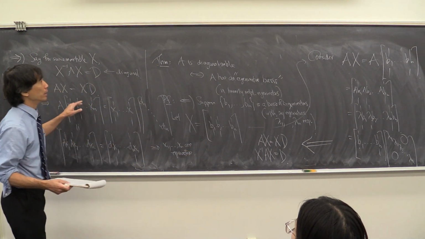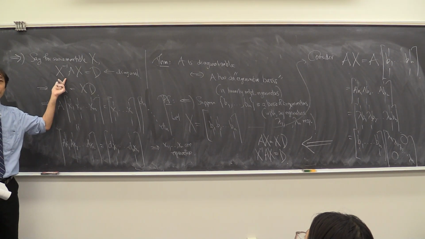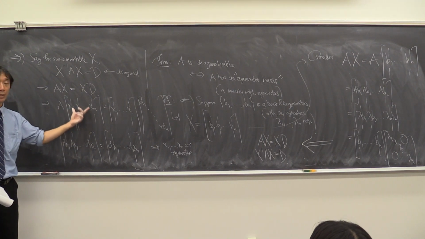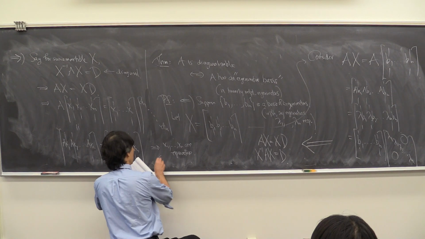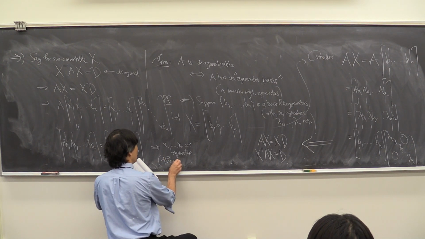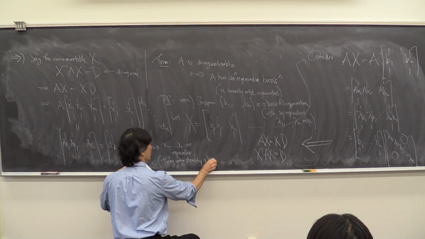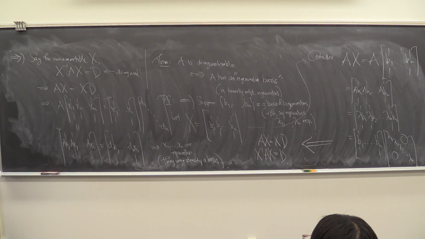And we know that they were a basis because the matrix was invertible, right? X was invertible, so the columns are linearly independent, right? They were already a basis since the matrix is invertible.